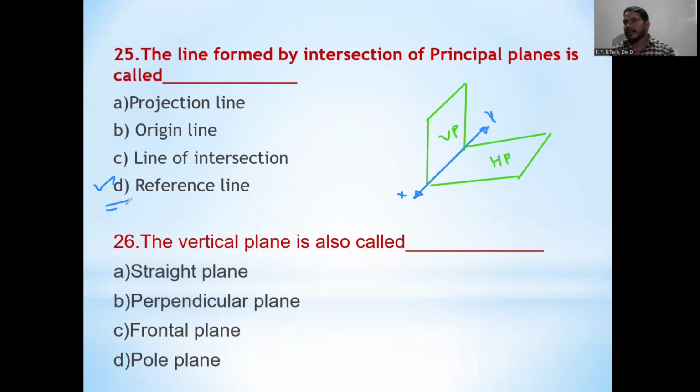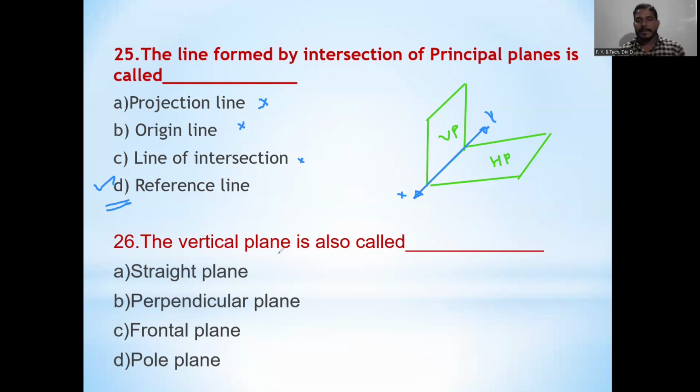So option D will be correct. The line formed by the intersection of the principal planes is called a reference line, not a projection line, origin line, or line of intersection.